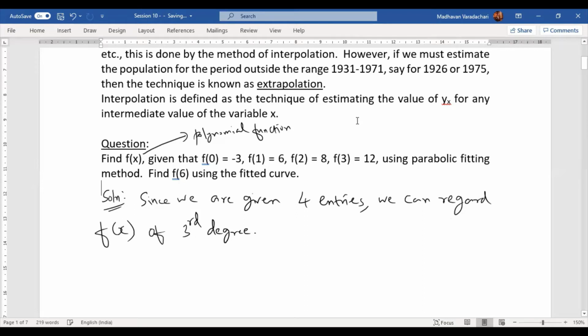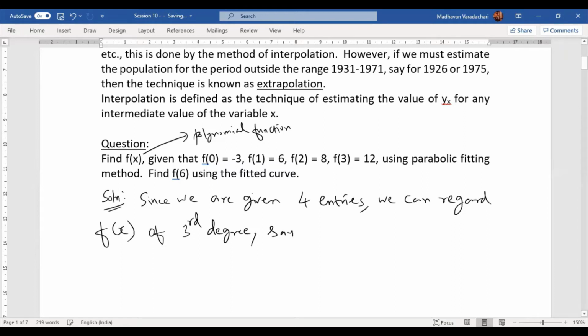When you have 4 entries being given, you can form a polynomial of third degree. Suppose instead of 4 entries, they give you 5 entries in the question, then we can create f of x of fourth degree. It will be 1 less, third degree.